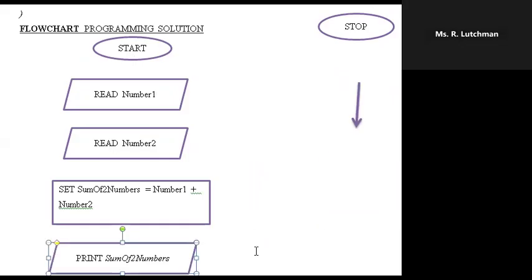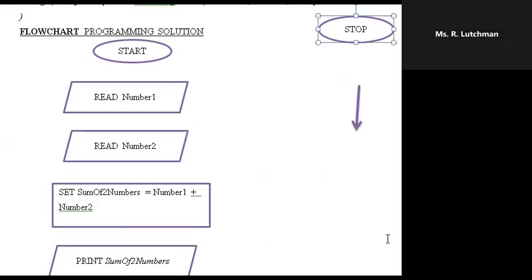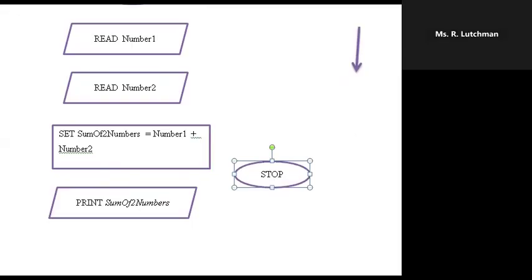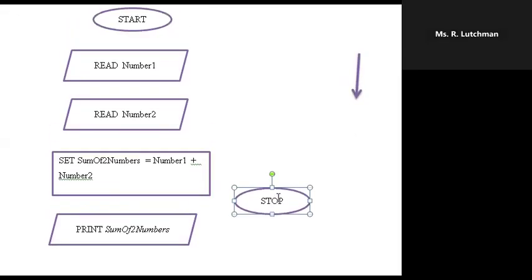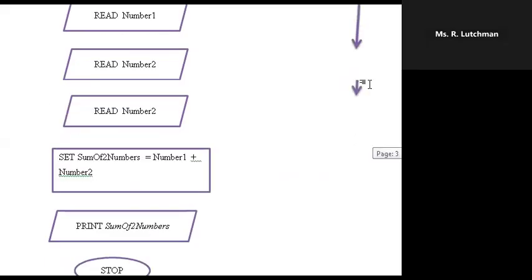Put that at the end. And one more thing to do is stop. All right, make sure everything's showing on the screen. So we have stop, kind of out of the screen a little bit, but that's okay.